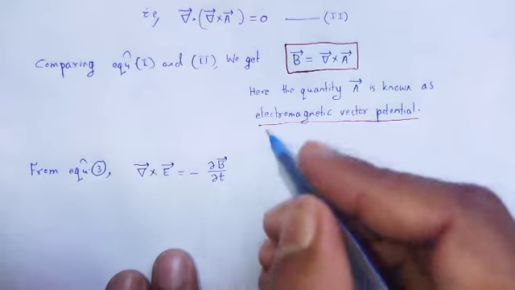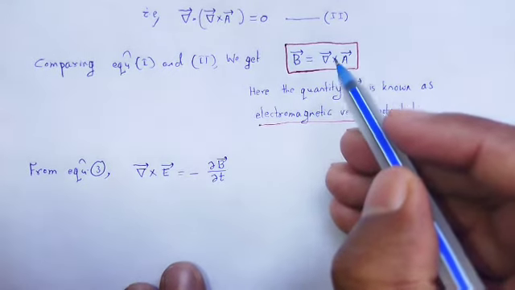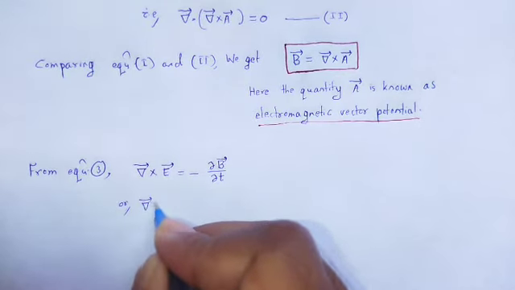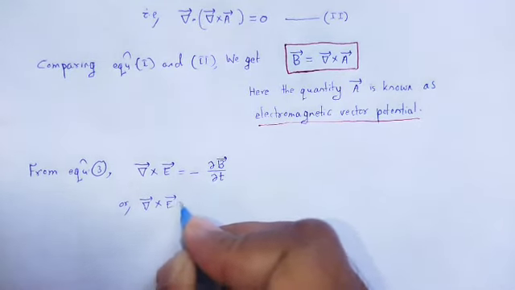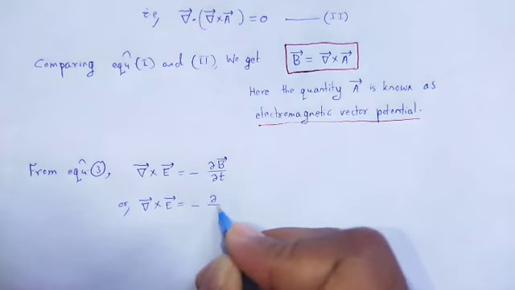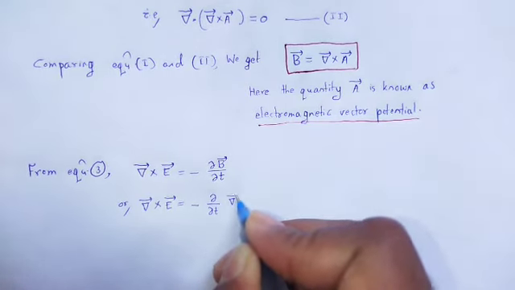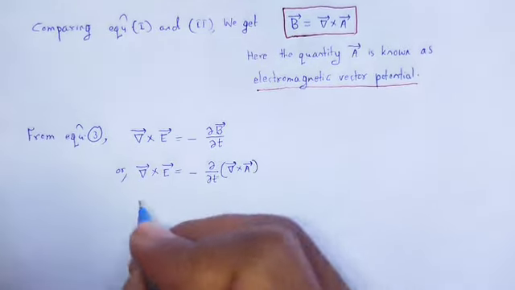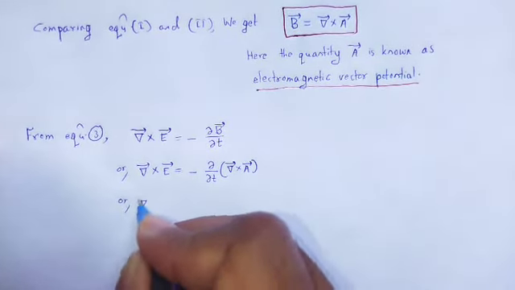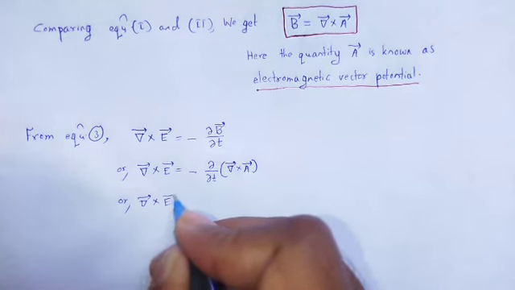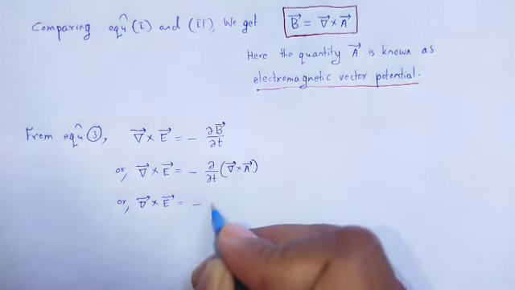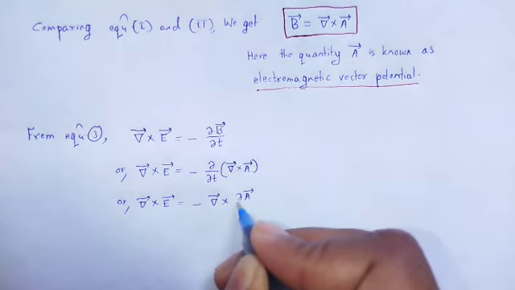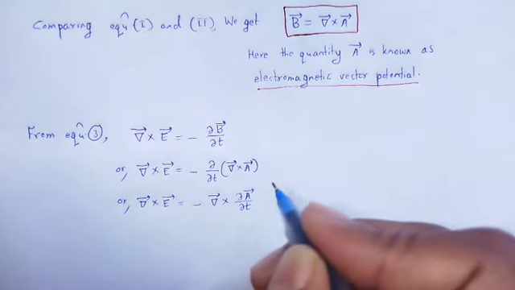In place of B we can write grad cross A. So grad cross E is equal to minus del by del t of grad cross A, or grad cross E is equal to minus grad cross del A by del t.